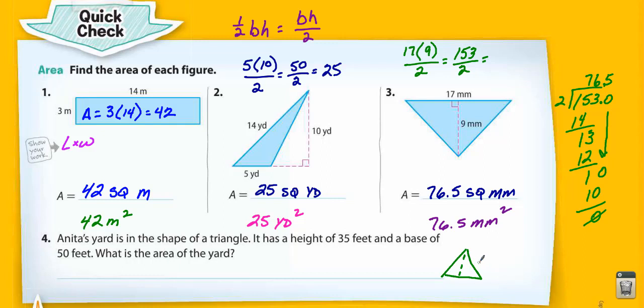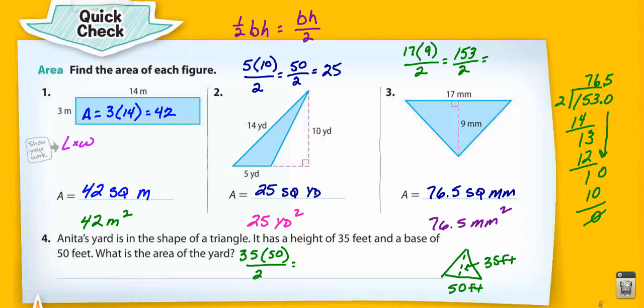So here's Anita's yard. There's the height, 35 feet. Here's the base, 50 feet. The math for this is going to be base times height, 35 times 50, divided by 2.